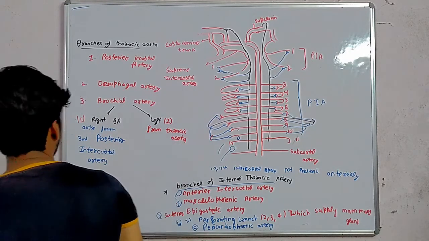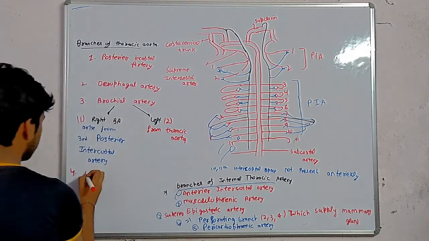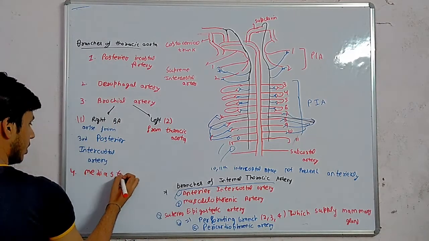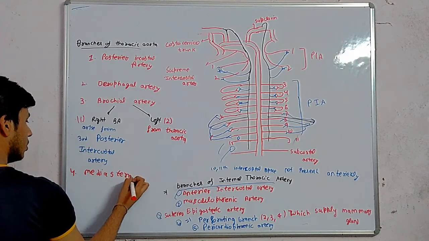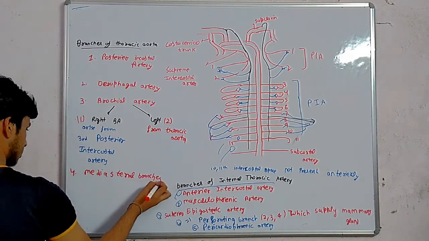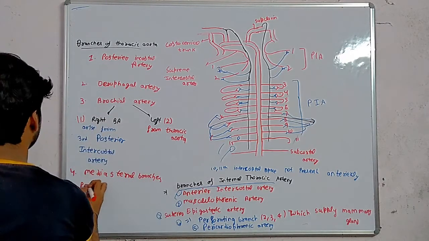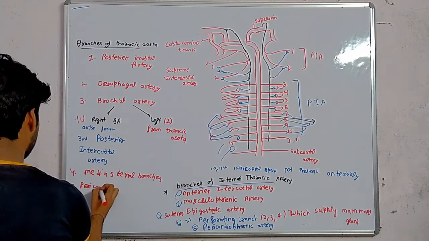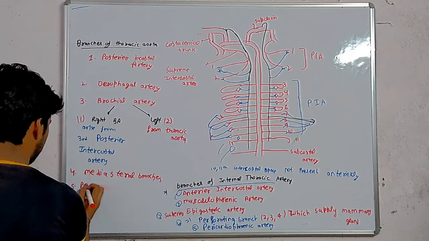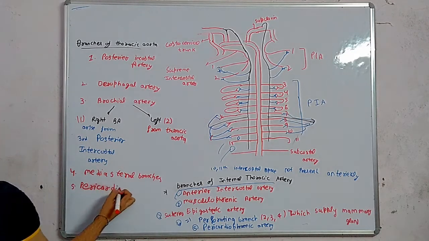Then there are some mediastinal branches, which supply the mediastinum of the thorax. Another one is the pericardial arteries, which supply the pericardium of the heart. The pericardium is the covering of the heart.